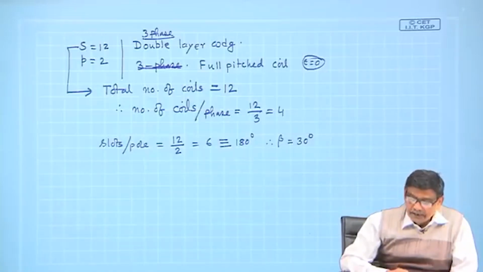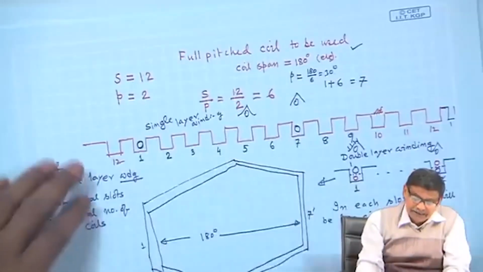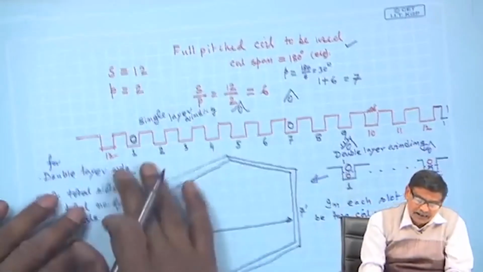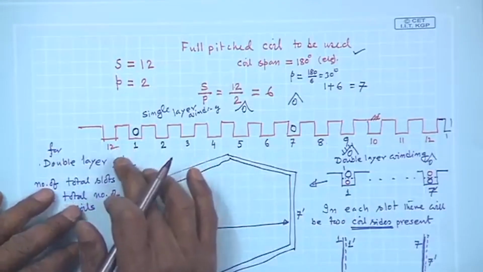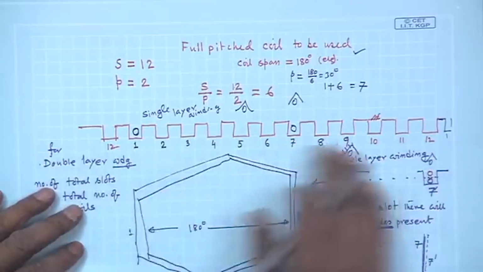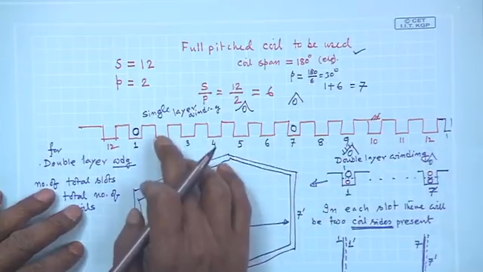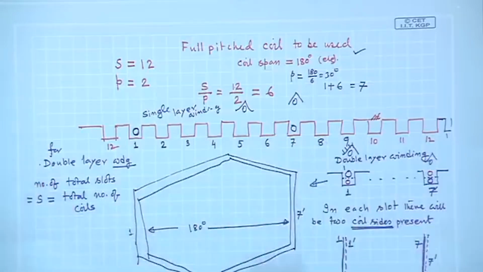Any slot you can number as 1, but once you fix that, the other slot numbers get fixed. So, 1, 2, 3, 4, 5, 6, I could call this also 1, 2, 3, it does not matter, because after all things will be rotating.